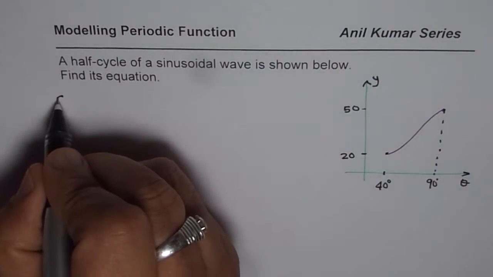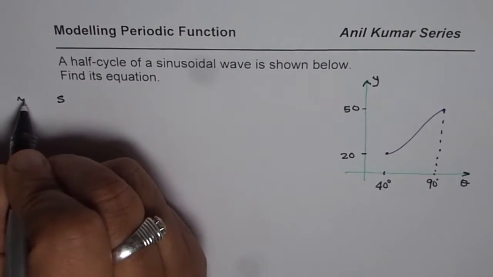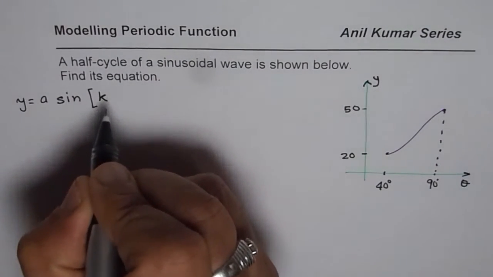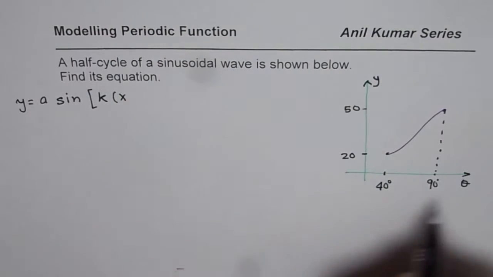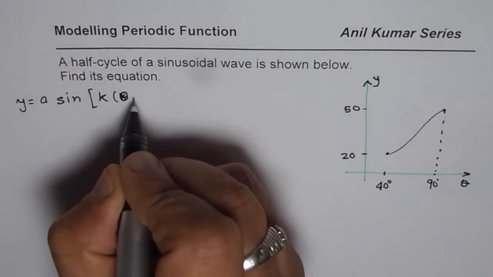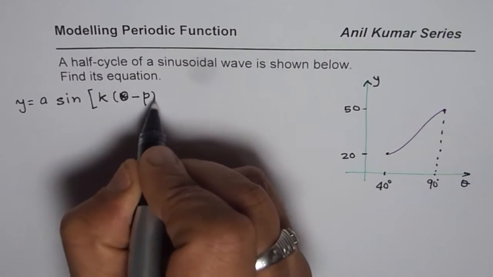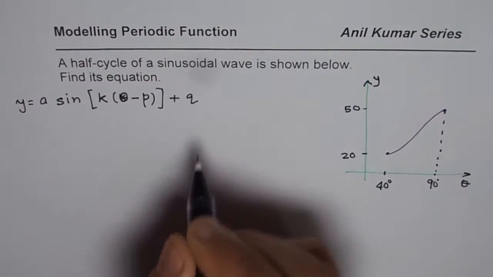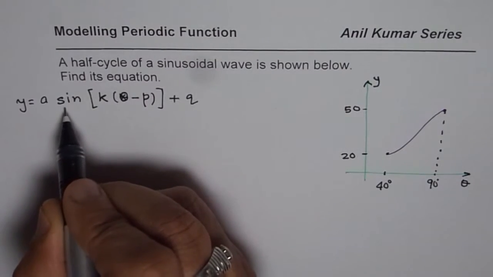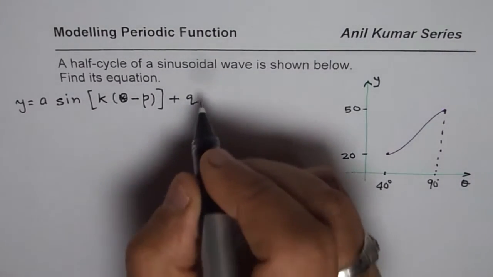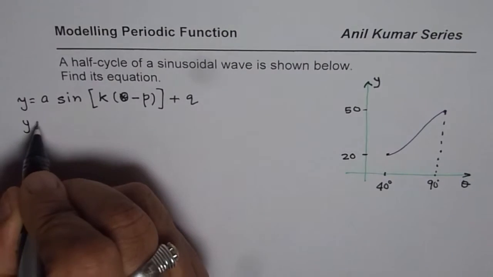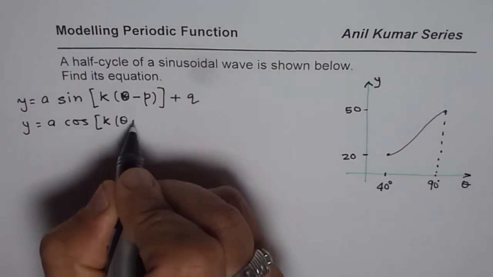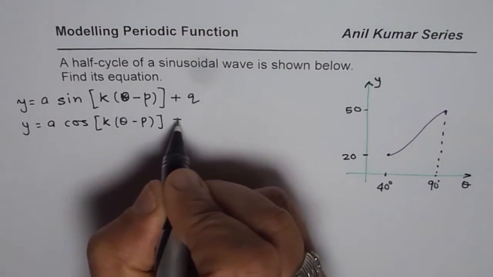If you're writing a sine function, we can say y equals a times sine, and the general equation is k times theta minus p, the phase shift, plus q. And if you're writing cosine, you replace sine with cosine. So the cosine function will be y equals a cos of k(theta minus p) plus q.